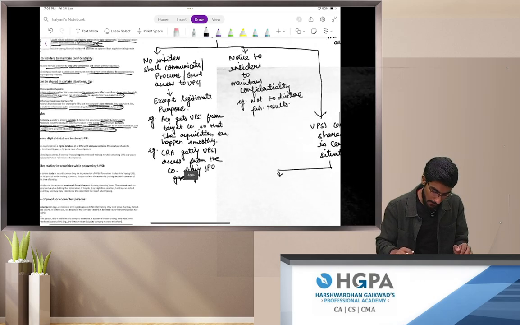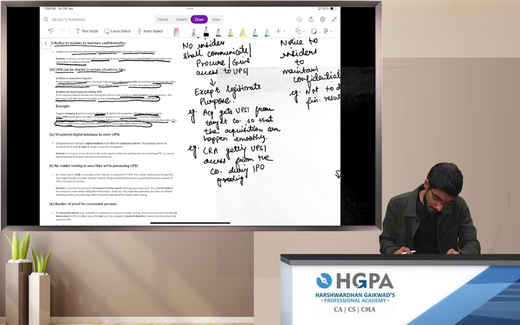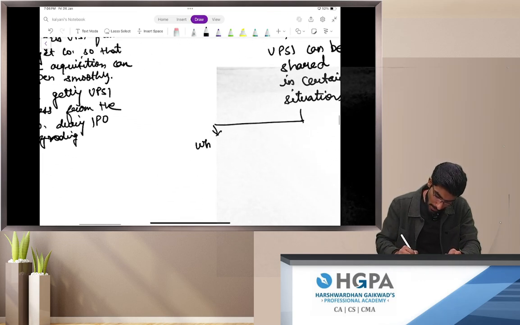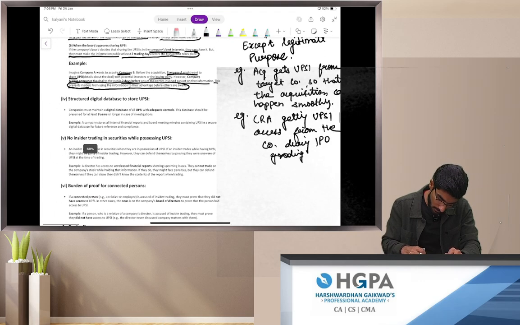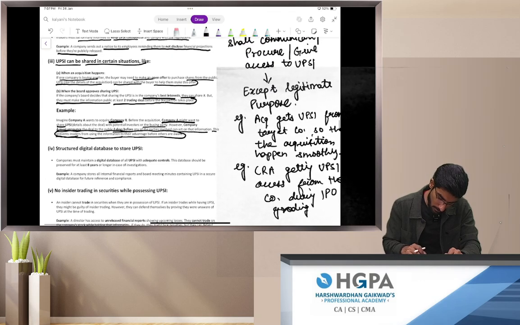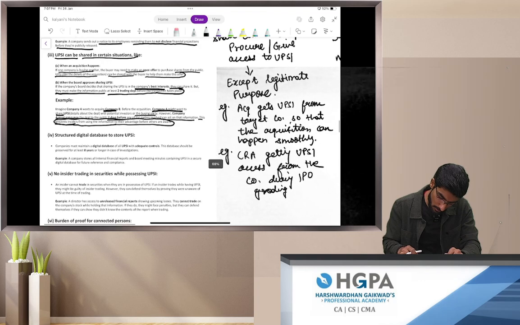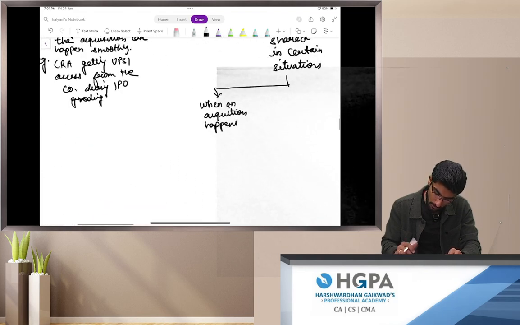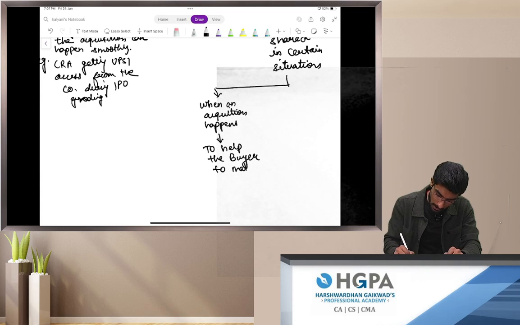Number one is when an acquisition happens, to help the buyer to make an open offer.